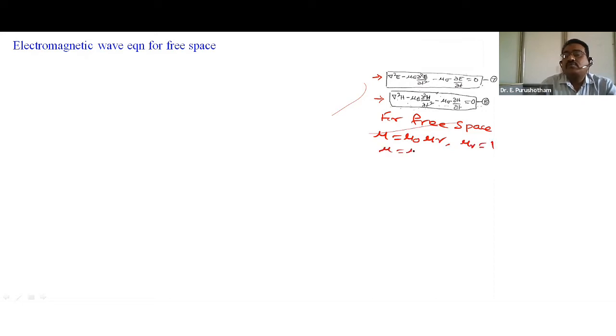So mu is equal to mu naught for free space. At the place of mu, we should write mu naught. Epsilon is equal to epsilon naught into epsilon r. For free space, epsilon r is equal to 1. So substituting here, we get epsilon is equal to epsilon naught, and mu is equal to mu naught.